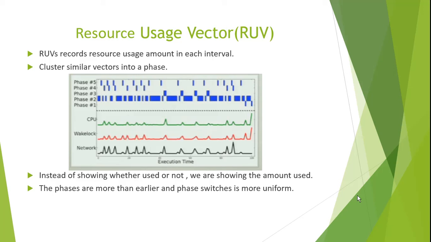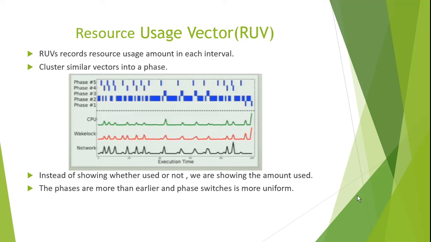As you can see, it's no more 1 or 0 when it comes to resources. It shows how much of CPU is being used in each phase, how much of wake lock is being used, and how much of network is being used.